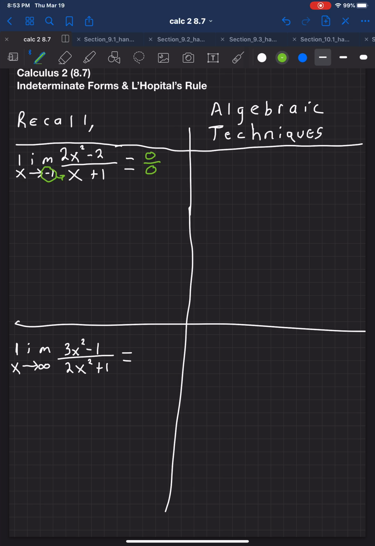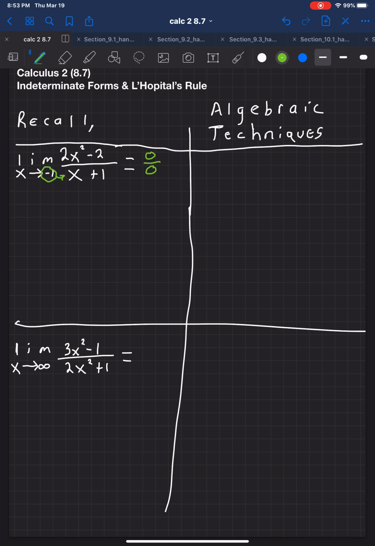Now, 0 over 0 is what was defined as an indeterminate form. In other words, it cannot be determined whether the limit exists or not. And if it does exist, it doesn't give us any information as to what the limit is.